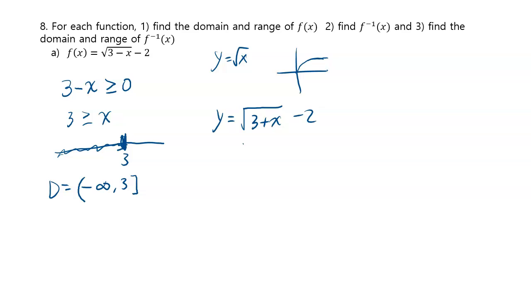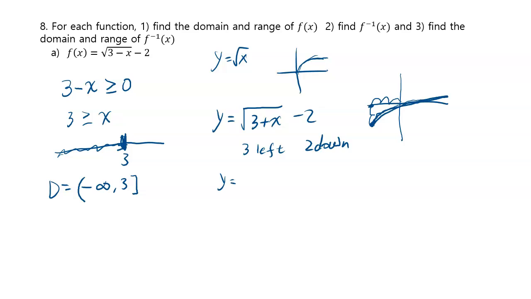That moves 3 steps left. And this one, minus 2, is 2 down. So what we have to do is take that and go 1, 2, 3, and 1, 2 down. And then you have something like this. This graph is now kind of like that.